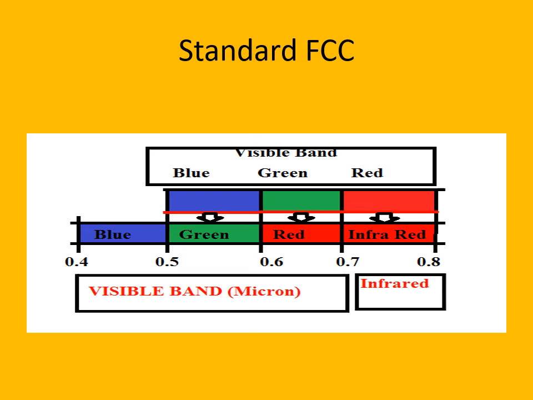False color composition is an artificially generated color image in which blue, green, and red colors are assigned to wavelength regions to which they do not belong in nature, or the natural spectral bands. In standard false color composition, blue is assigned to the green band, green is assigned to the red band, and red is assigned to the infrared band.